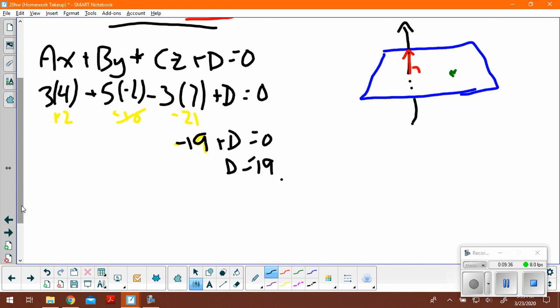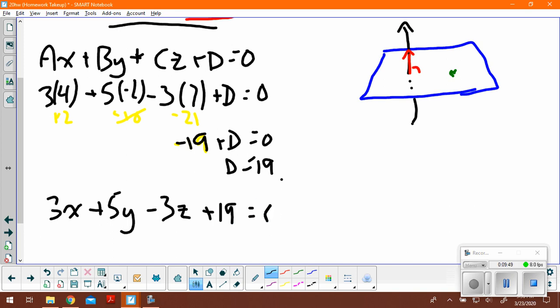So my equation is 3x plus 5y minus 3z plus 19 is equal to 0. Okay, we've got the scalar form.